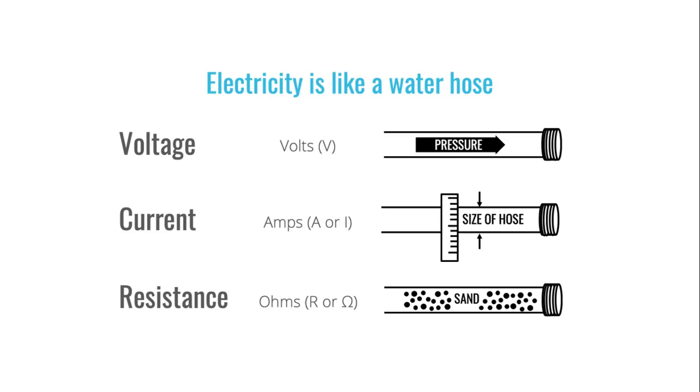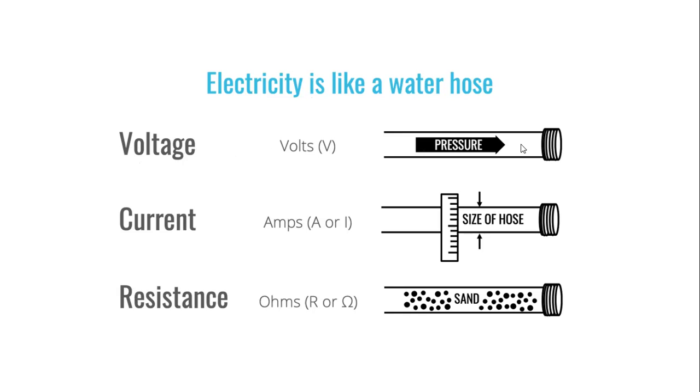Okay, continuing with that, we had these terminologies in the previous lecture: voltage, current, and resistance. Here we are comparing all three quantities with a water supply, a water hose.